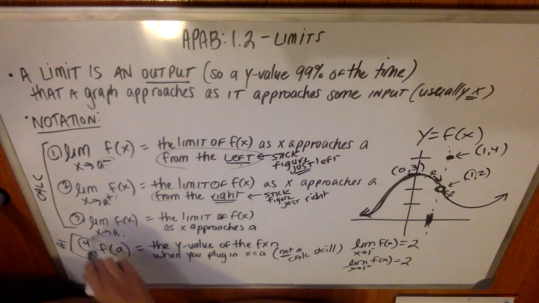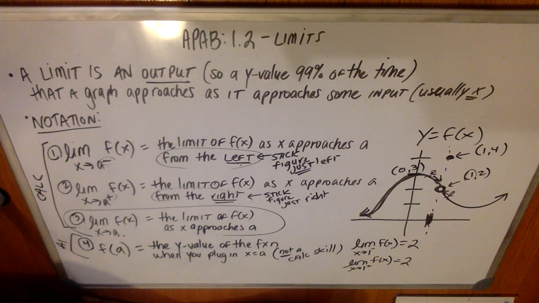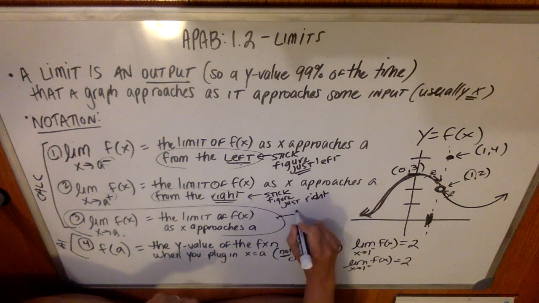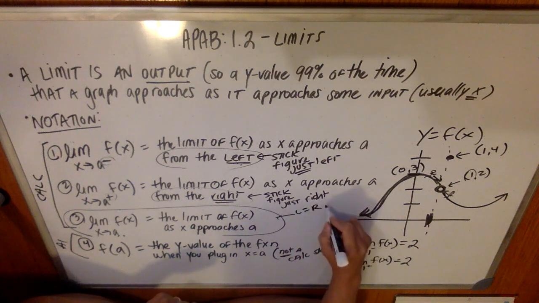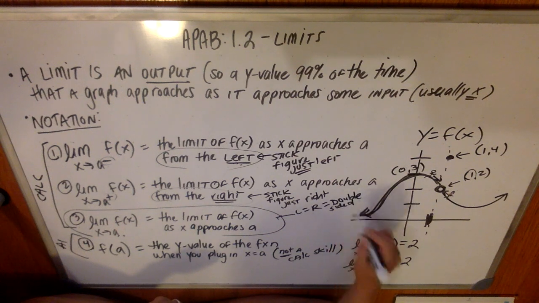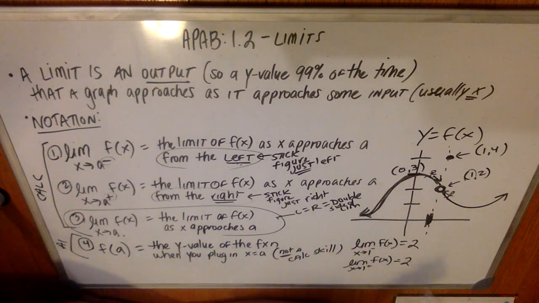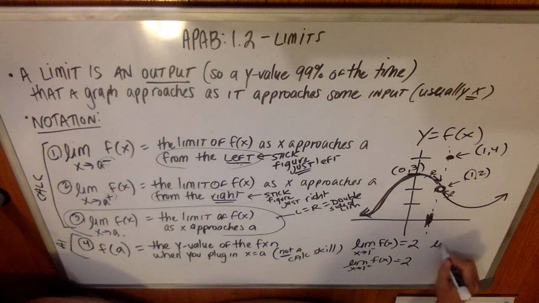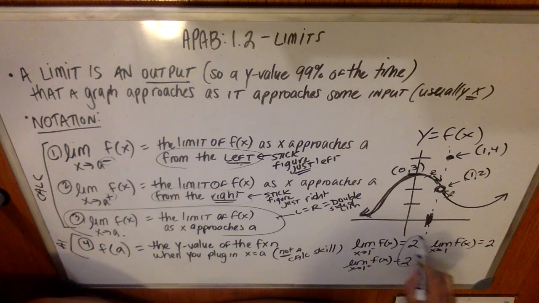Now, the thing about this double-sided limit, and we haven't talked about that yet, but I'll go over it in more detail, is essentially, if the left limit equals the right limit, that's the answer. So the double-sided limit, this one that doesn't have a side, not left or right, if the left and right limit are the same, then that's also where the two guys are walking. So if the two guys are walking to the same spot, then my double-sided limit, the limit as x approaches 1 of this function, would be 2, because these two are the same.